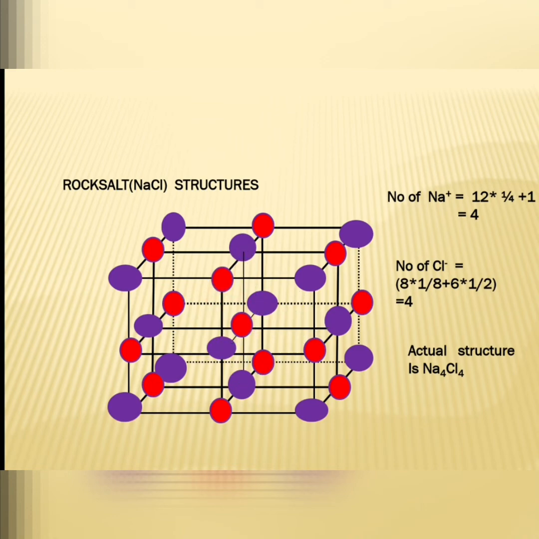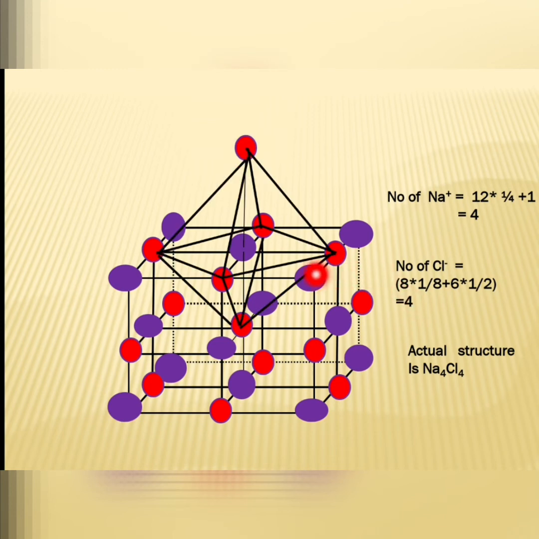Now what is the coordination number of a Cl minus ion? See this Cl minus ion. For the coordination number, we have to count the nearest neighbors. Here the nearest neighbors are 1, 2, 3, 4 and 5, and there is another unit cell above it which contributes 1. The total number of atoms in its nearest positions is 6.